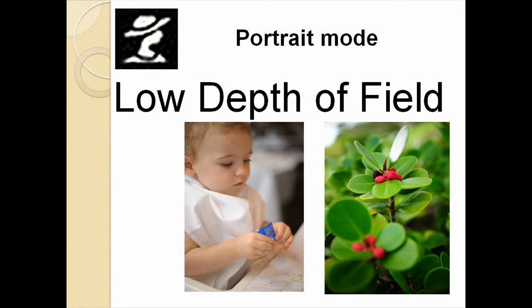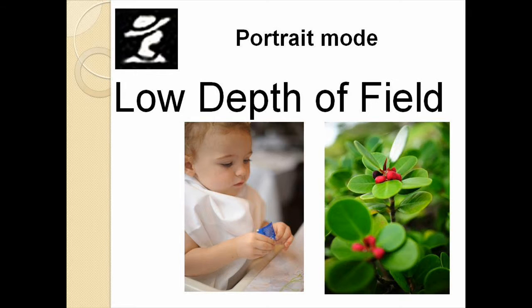So I want you to remember that blurry background effect, you use portrait mode, and if you want to enhance the blurriness, make it even blurrier, rather than stand close to someone with your camera, stand a little bit back and zoom into them. The more zoom you use, the blurrier the background will become. And here's another point though, the background does actually have to be quite some distance from them to achieve this.